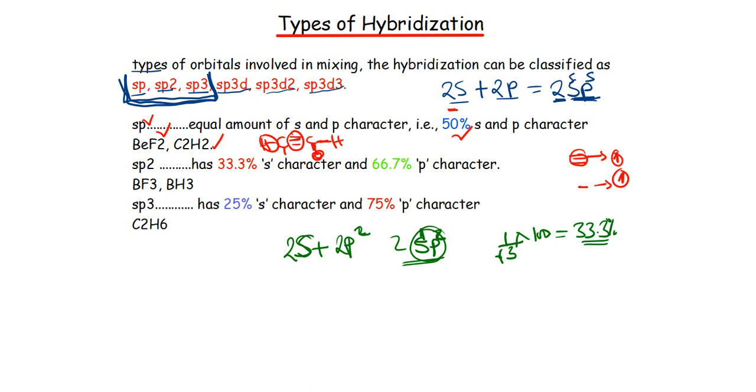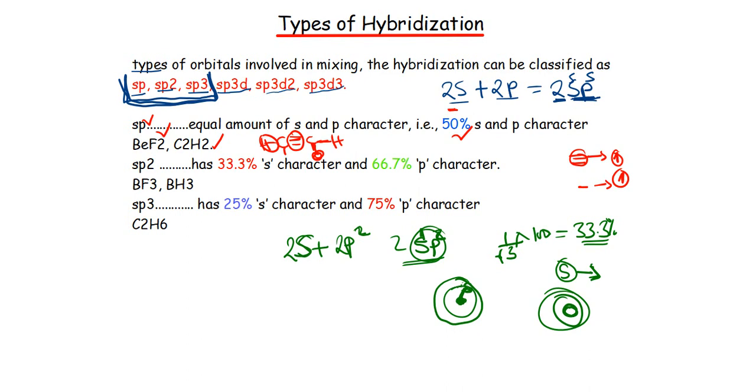Remember, the higher the s character, the stronger the bond will be, because s is closer to the nucleus than these other orbitals. That's how they are arranged in those atoms. So we have the nucleus there, and we have s and p within these shells. So s is much closer to the nucleus.